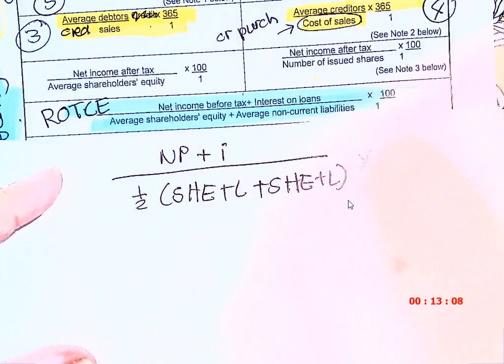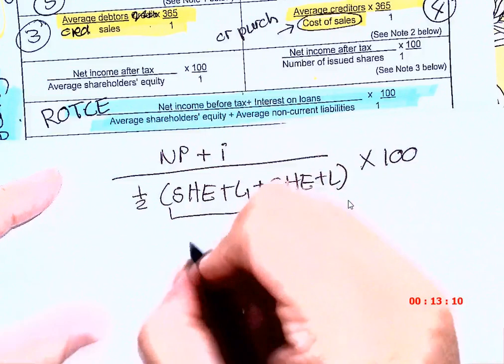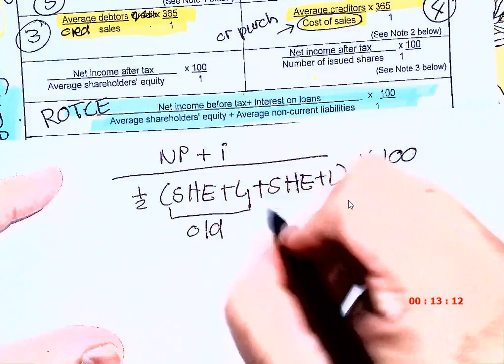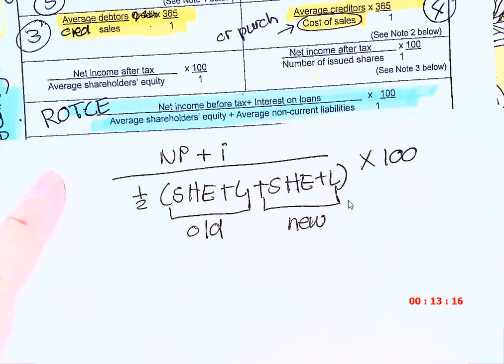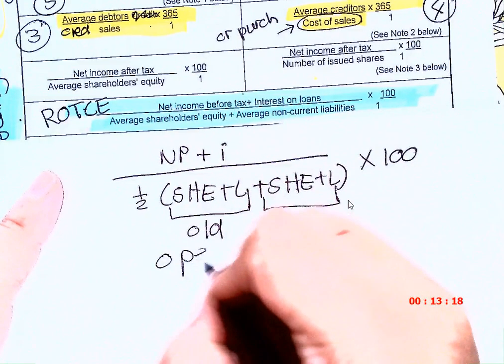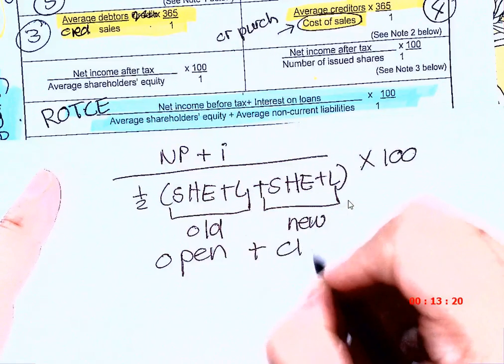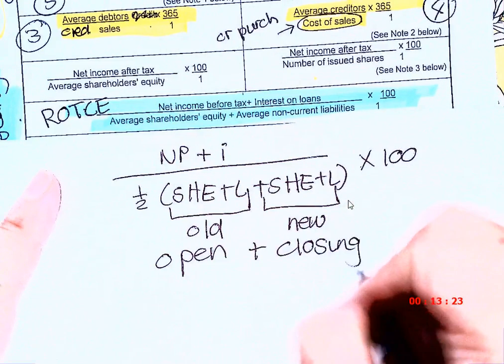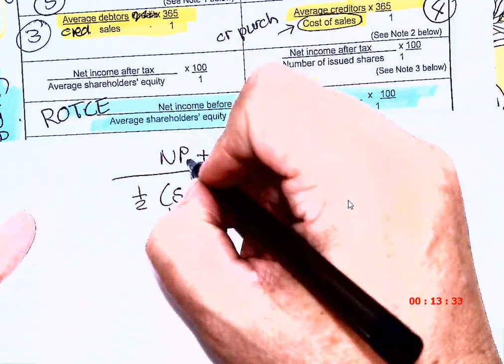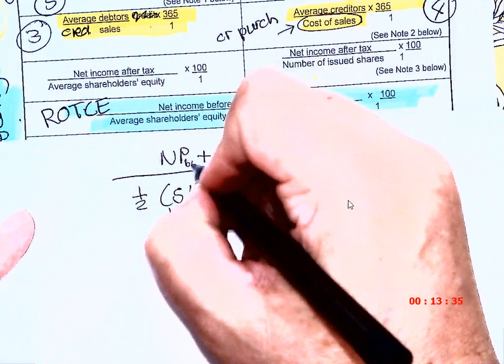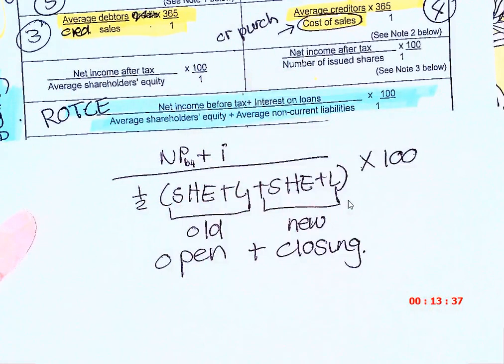Obviously this would be the old year and this would be the new year. So you'll take the opening balances and add the closing balances. And can you see now it looks a little bit more manageable. Of course, it's net profit before tax. I forgot that. It's before tax.